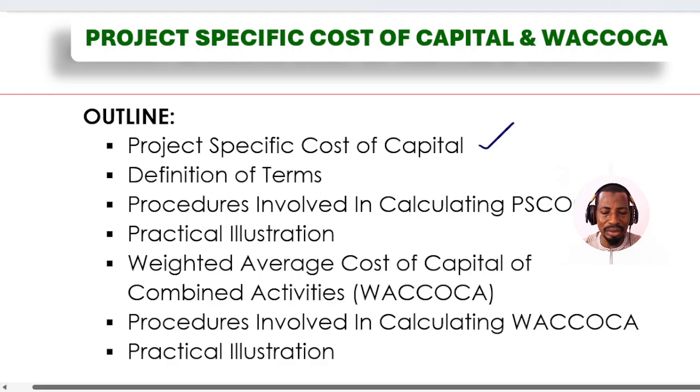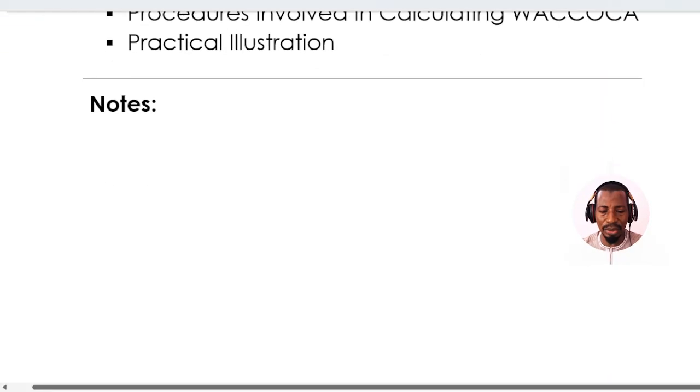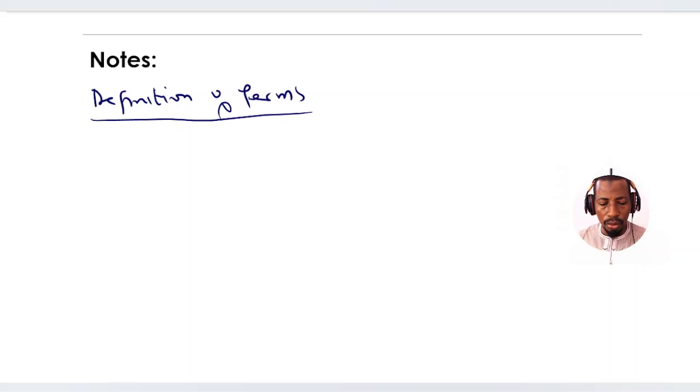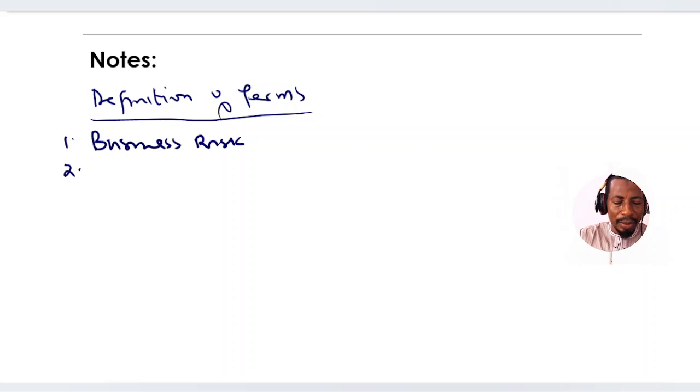So let's talk about some definitions of terms. Let me write it out. Definition of terms. Number one, we are going to talk about business risk. Two, we are going to talk about financial risk.